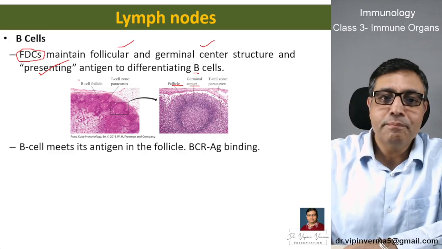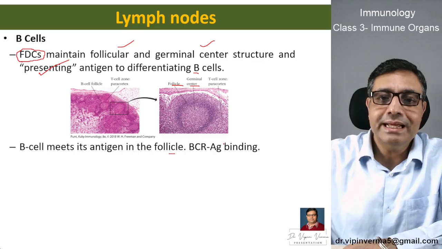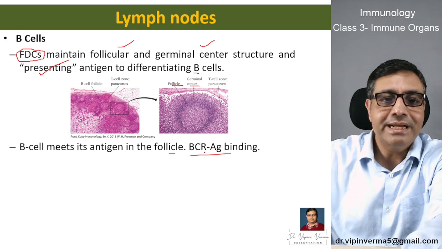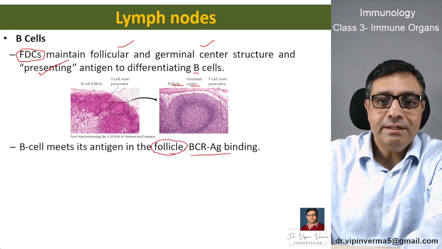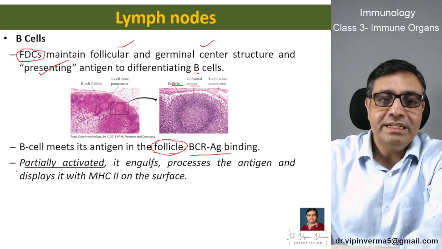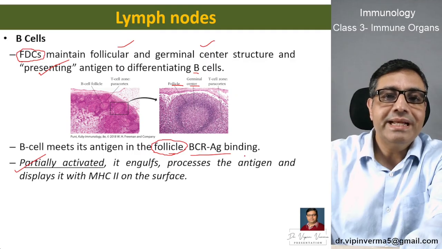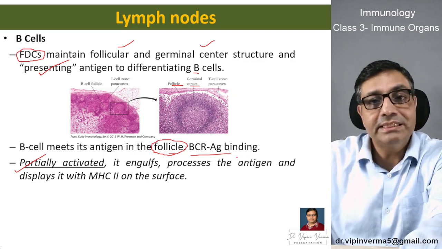Now, the B cell meets its antigen in the follicle, and there is BCR-antigen binding in the follicular region. As I told you, once the BCR-antigen binding happens, that only partially activates the B cell.